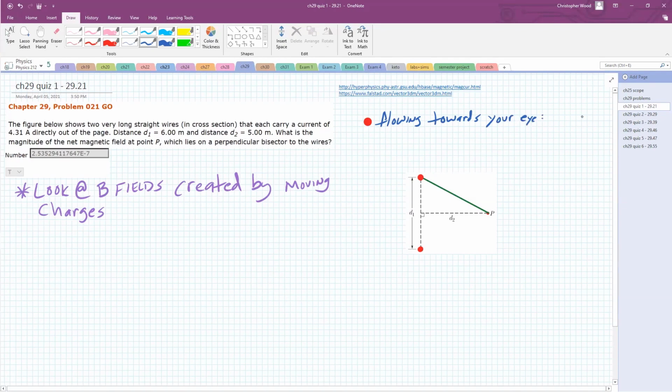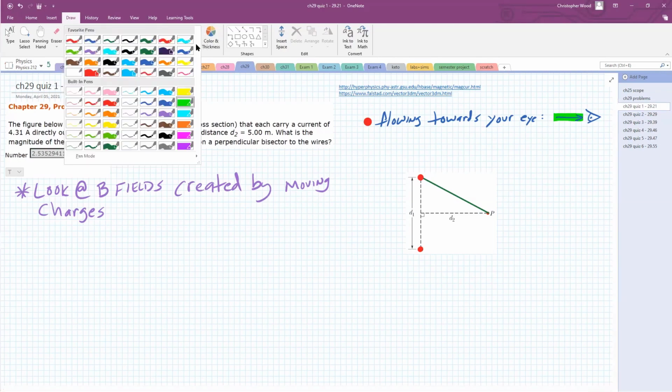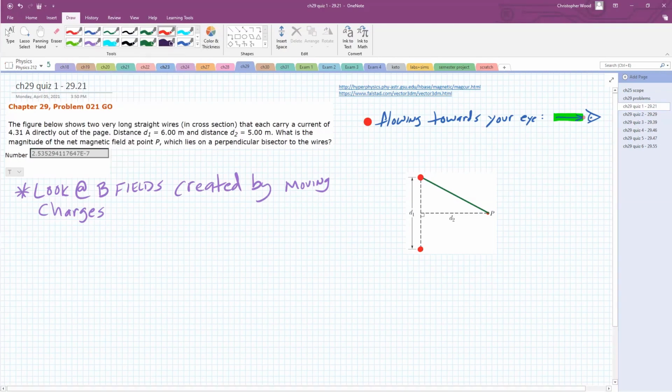So kind of like this is your eyeball, and then flowing towards your eye looks like that. So the dot represents flowing towards your eye, and the thinking is, when you see a dot, it's the tip of the arrow. It's a little red dot.